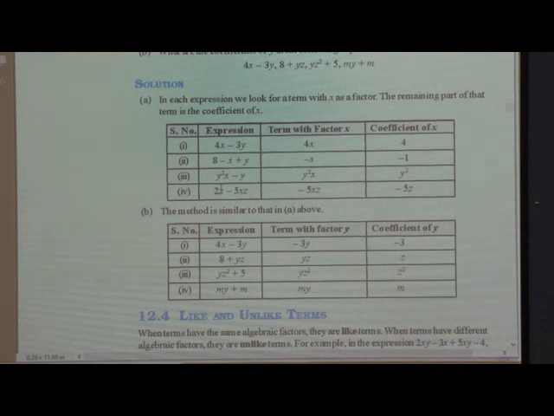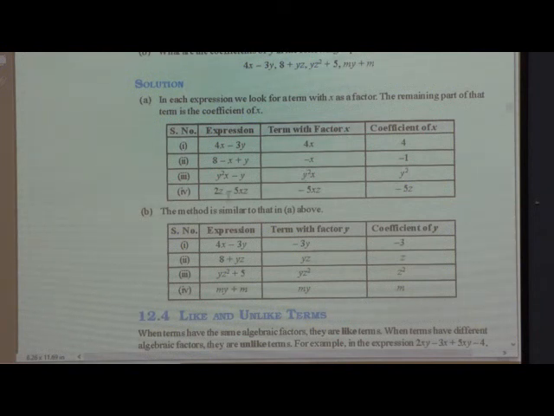We will consider here only the term with x, which is y square x. What is the coefficient? We don't have a numerical value here, but we have a term with a variable: y square is the coefficient.